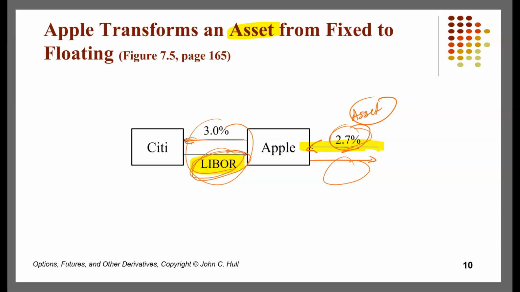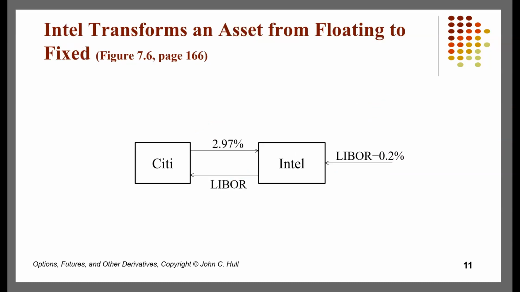Or maybe this is a LIBOR liability that needs to be taken care of. So we are exchanging this fixed rate for a LIBOR rate that's going to allow us to satisfy this liability here. And the same for converting a LIBOR or variable rate asset into a fixed rate asset.